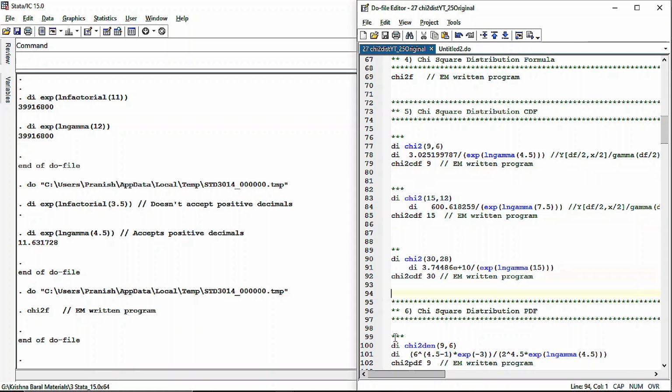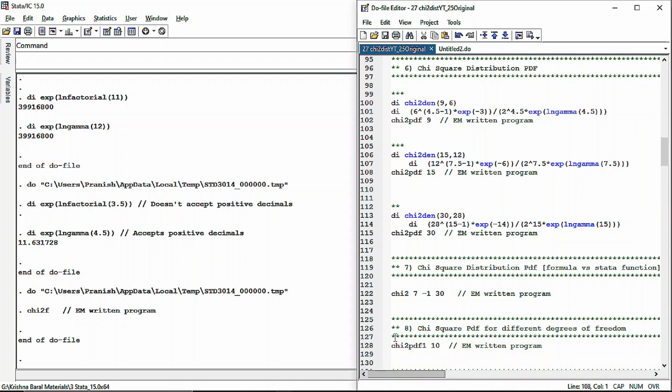Now let us calculate the PDF of the chi-square distribution, and chi2den is the Stata function to calculate the PDF of the chi-square distribution for this degrees of freedom and the value of x. And this is our generic formula, where we use x to the power half the degrees of freedom minus 1, and e to the power minus half the value of x, divided by 2 to the power half the degrees of freedom, and gamma of half the degrees of freedom.